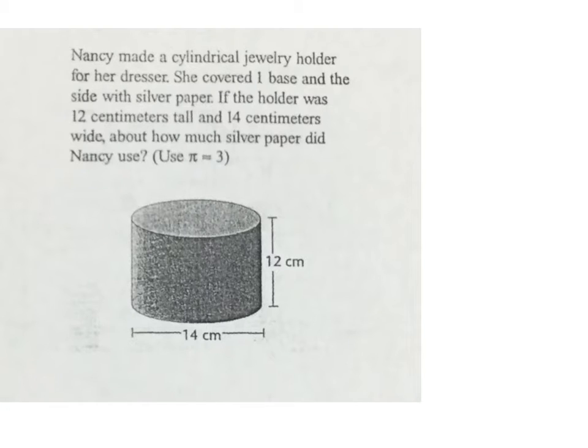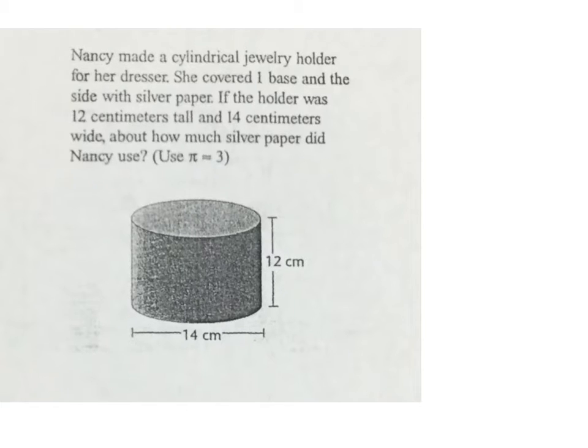Okay, number 6. Nancy made a cylindrical jewelry holder for her dresser. She covered one base and the side with silver paper. If the holder was 12 centimeters tall and 14 centimeters wide, about how much silver paper did Nancy use? So we're going to use 3 for pi, okay?